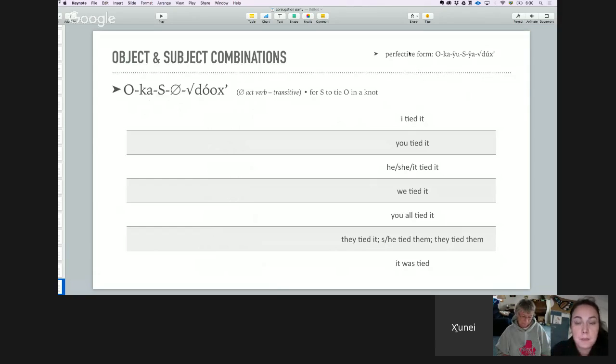So again, this shows us what the perfective will look like. Object, ka, perfective, subject, ya, and then du, short and high, because it's zero conjugation prefix.